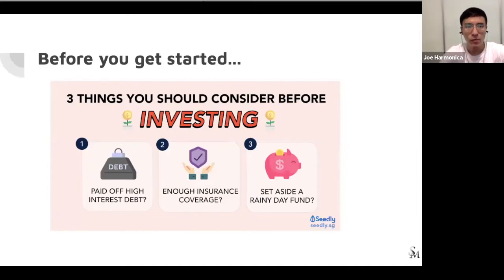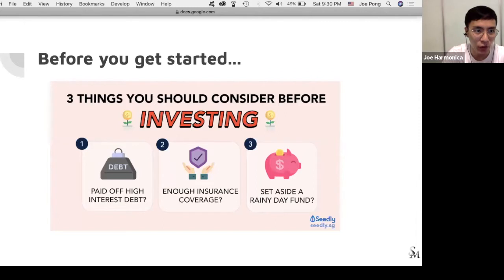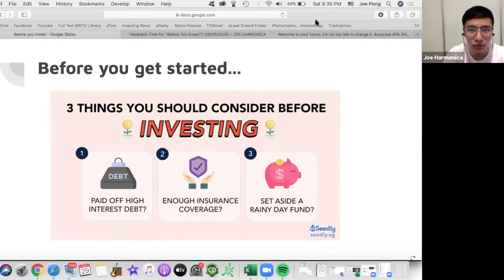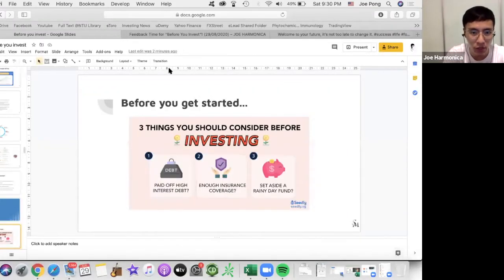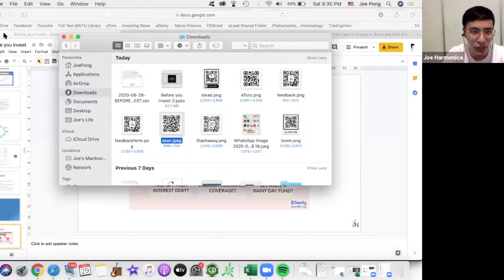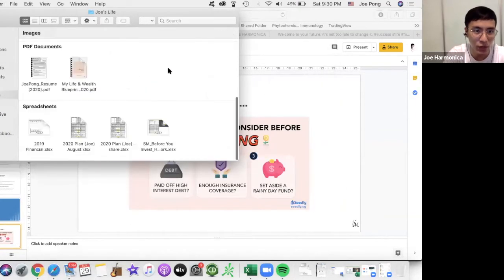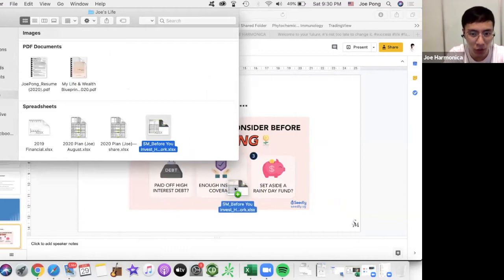Alright, so before I start this session, I would like to share a file with all of you. If you are using your computer, you can easily use this file I'm sending you now to have a more hands-on experience later. I'm now sharing this file to your Zoom group chat in the chat box.